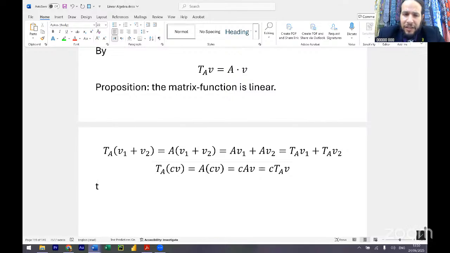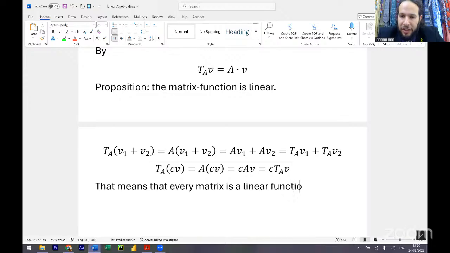That means that every matrix is a linear function if you multiply by it.